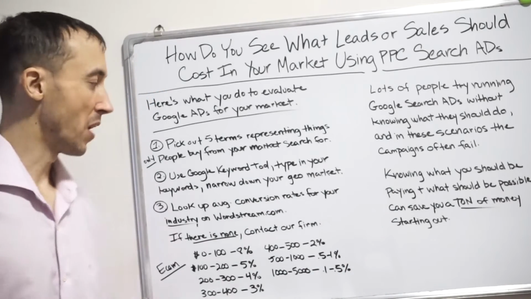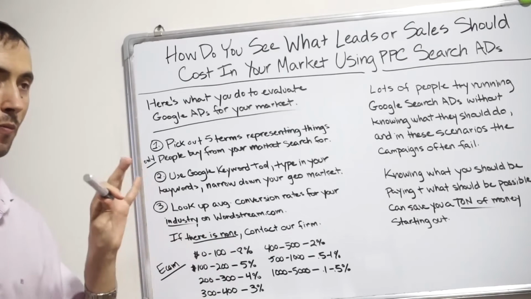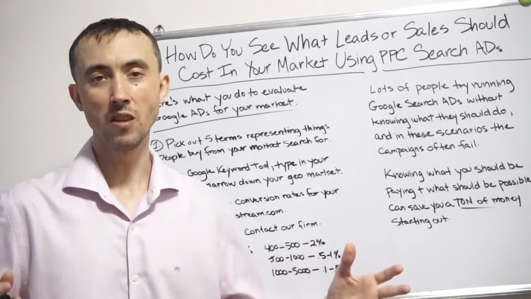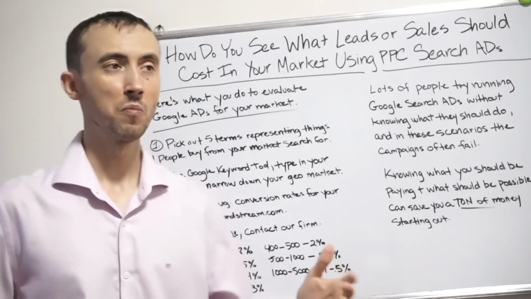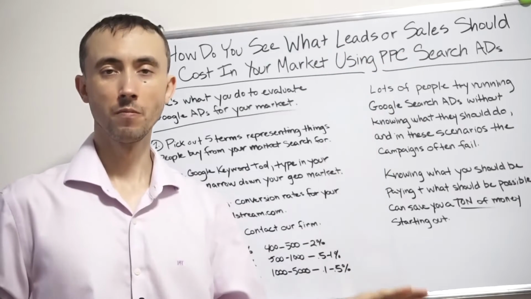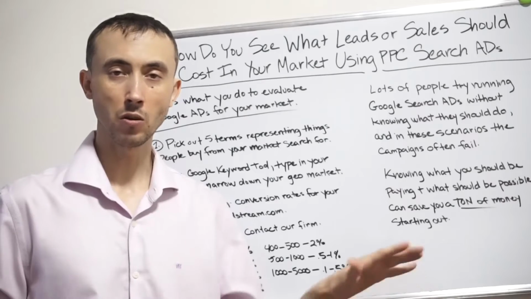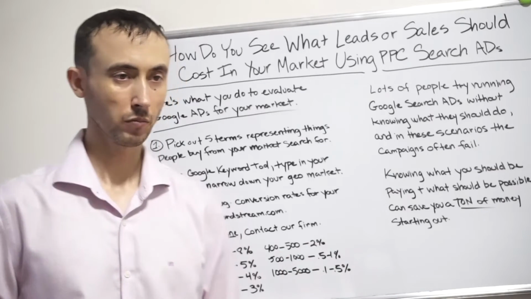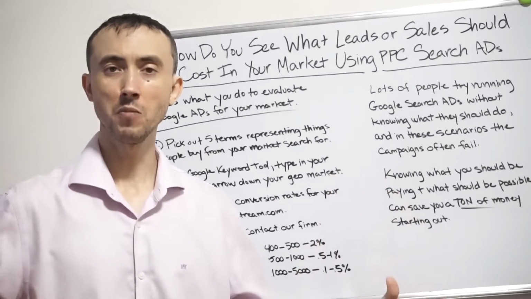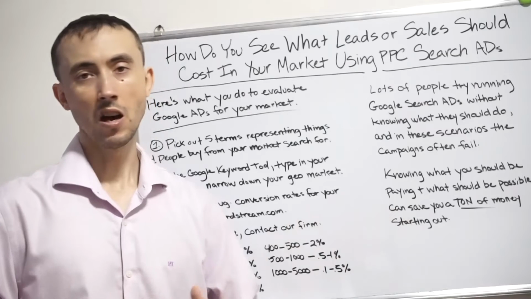Okay, but if you're in the e-commerce space, and along with what I just said about pricing, there's like a law involved with online marketing in general. The higher your product or service price is, the lower your average expected conversion rate from click to lead or click to sale is going to be. Because there's more uncertainty, it's harder to convince somebody to buy. There's usually more competition in those markets.